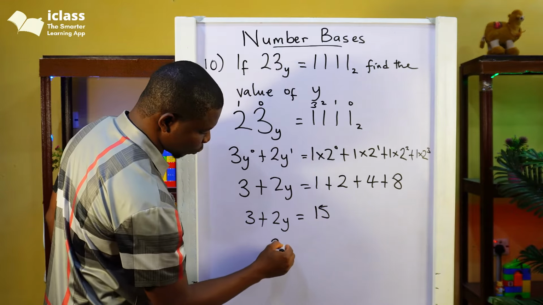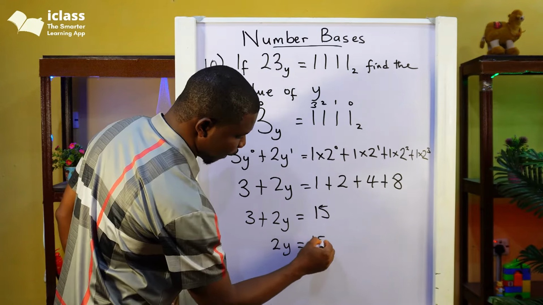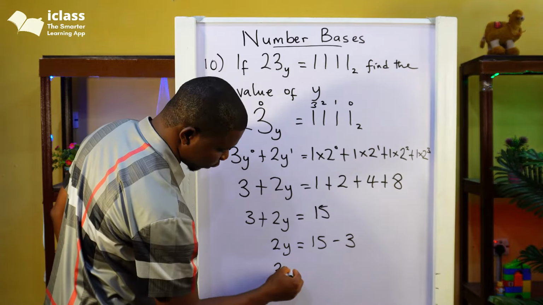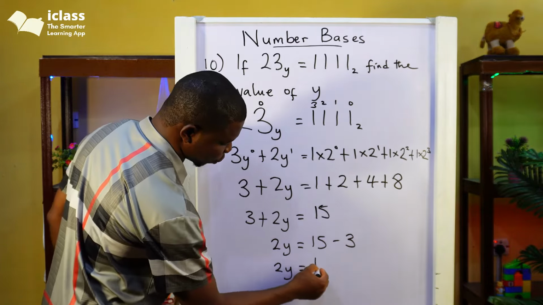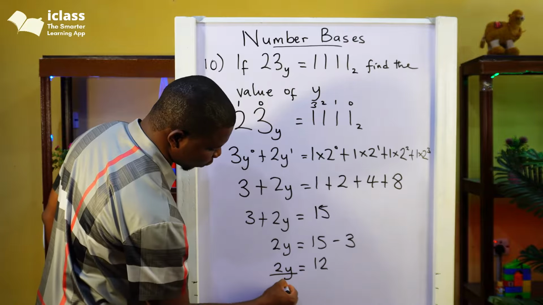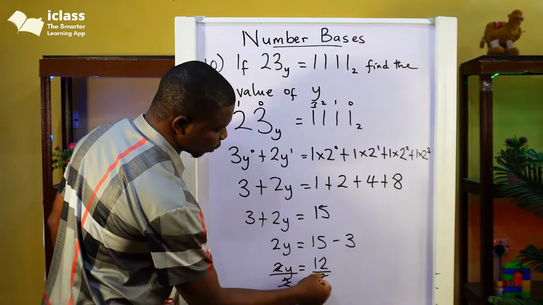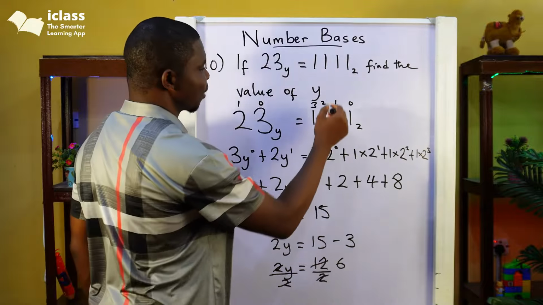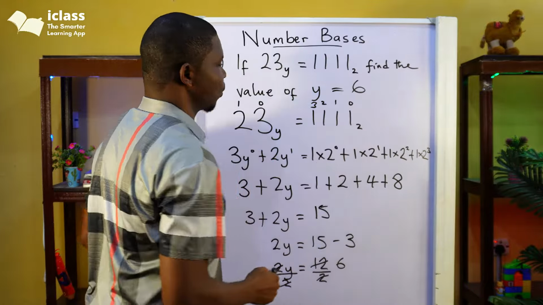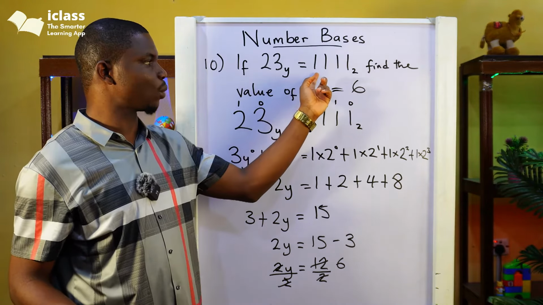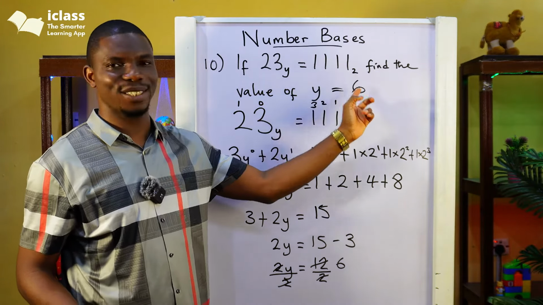So 2y will be equal to 15 minus 3, so 2y is equal to 12. To get y, I'll divide both sides by 2, so y is equal to 6. So it is 23 base 6 that is equal to 1111 base 2.